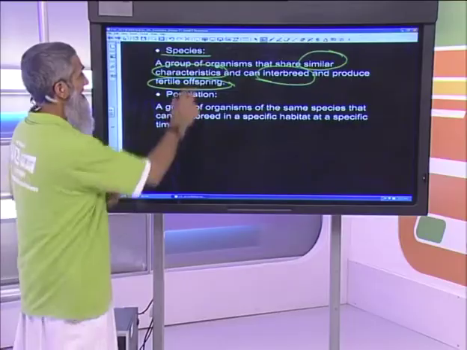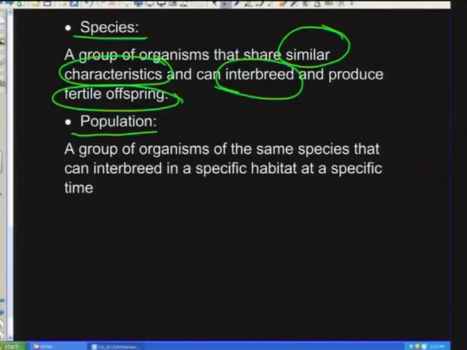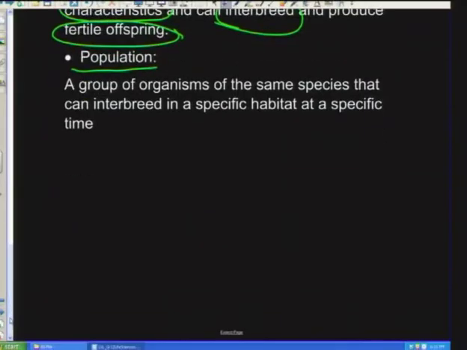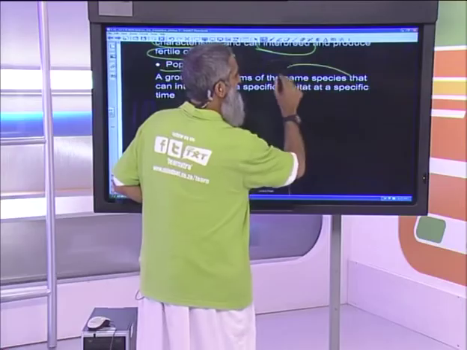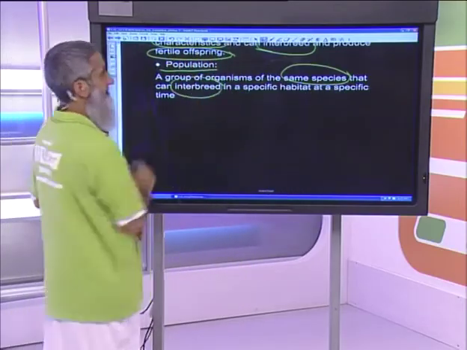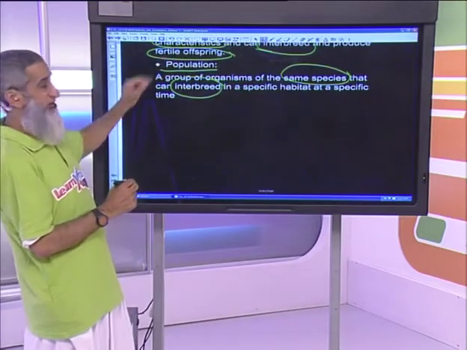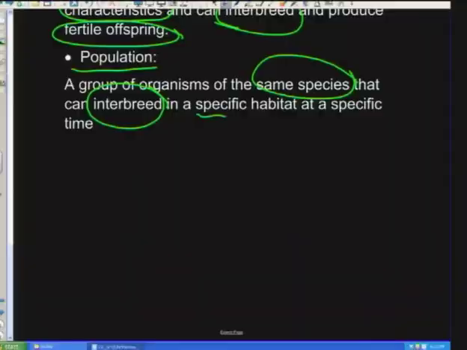Okay? That leads us to another word, and that is the word population. What is a population? A population is a group of organisms of the same species that can interbreed, and if they are the same species, that means they can produce fertile offspring as well, in a specific habitat at a specific time.